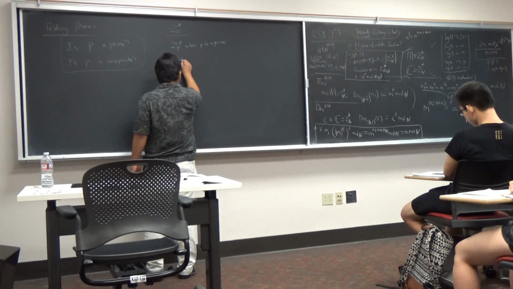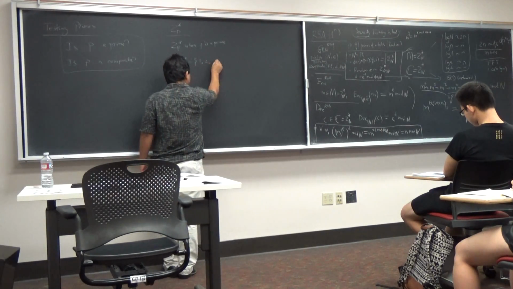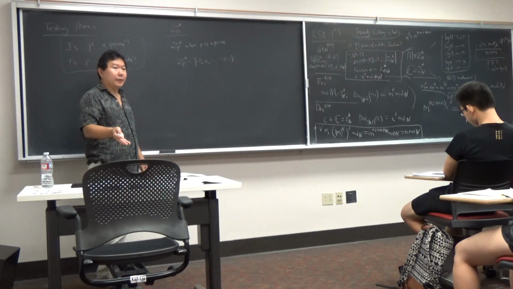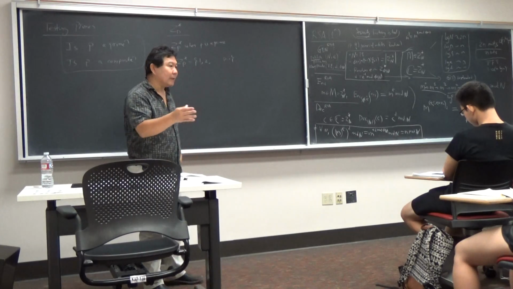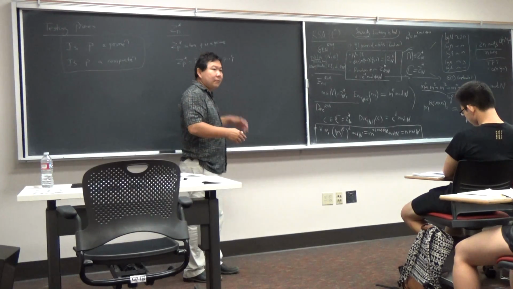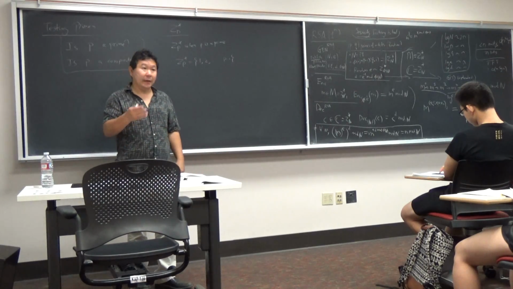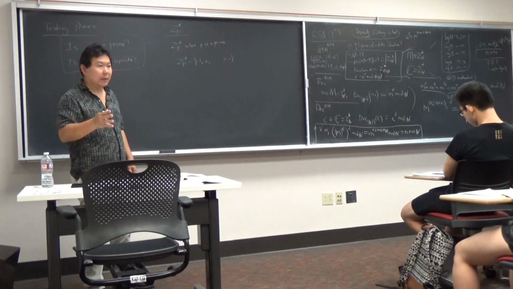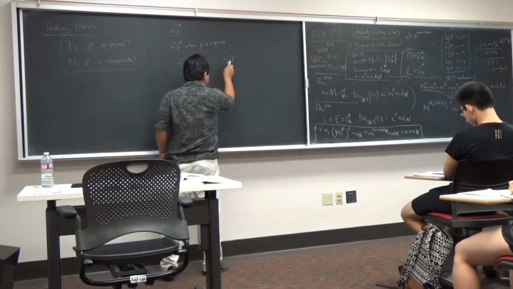Then Zp star is literally just 1, 2, ..., p minus 1, because by definition, when p is a prime, nothing divides it, which means everyone has GCD 1. That's why everyone has a multiplicative inverse, from either Bezout's theorem or the extended GCD. And this is Zp star.